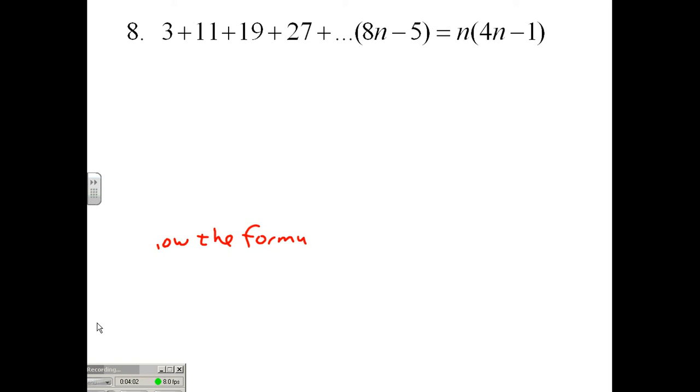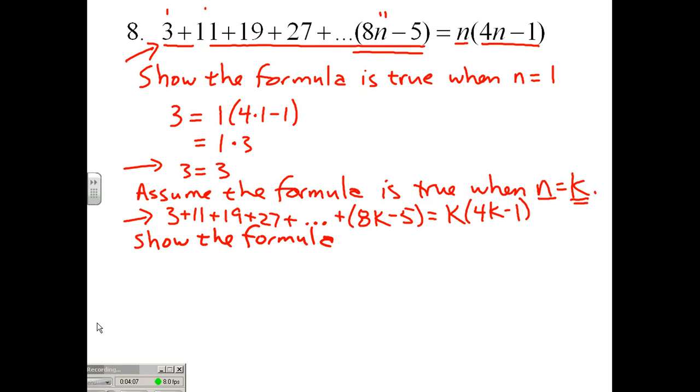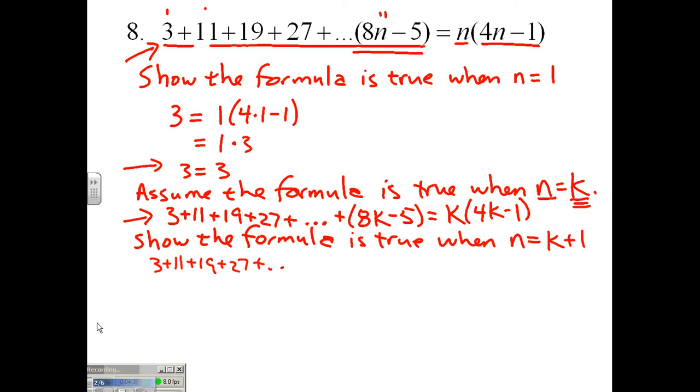So our next step is to show the formula is true when n equals, what would it be? The next domino after the kth domino, k plus 1. So our formula with k plus 1 dominoes in it becomes this monster. 3 plus 11 plus 19 plus 27 plus dot, dot, dot.